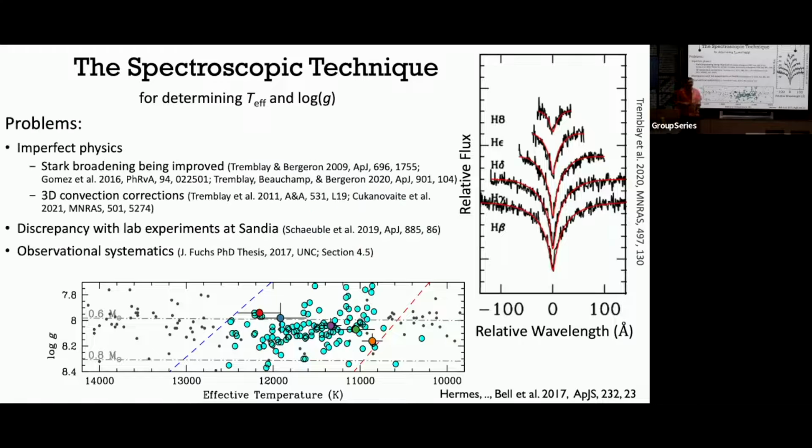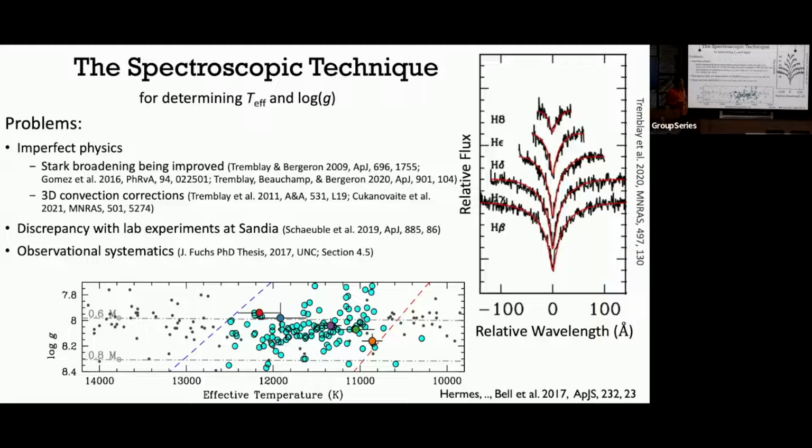However, there are a number of reasons to suspect that this type of analysis includes many sources of systematic error. The physics of these models is very sensitive to how the microphysics is being treated, and different prescriptions for the physics in these atmospheres can produce different results. And the models are constantly being improved in order to bring the observations into better agreement with what we expect white dwarfs to look like as a population.